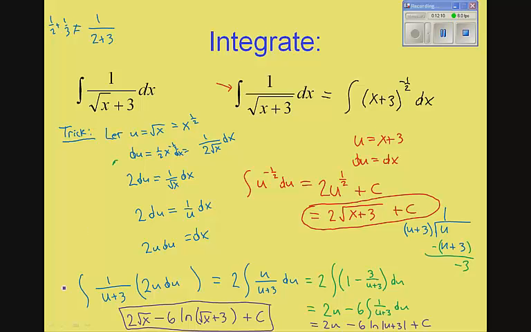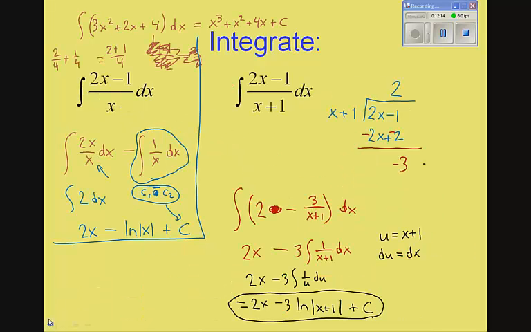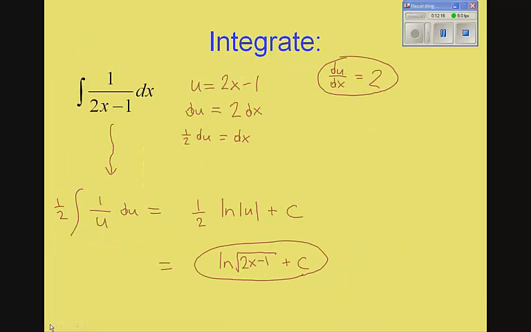What was that problem? Right here. Yeah, I need this to be positive, guys. I need to make sure 2x minus 1 is positive, right?